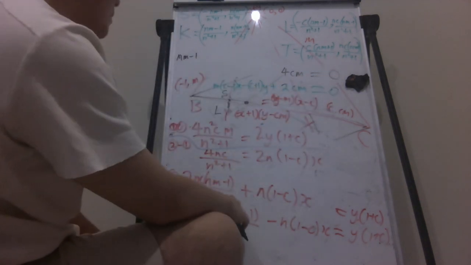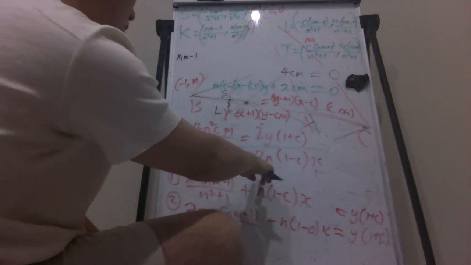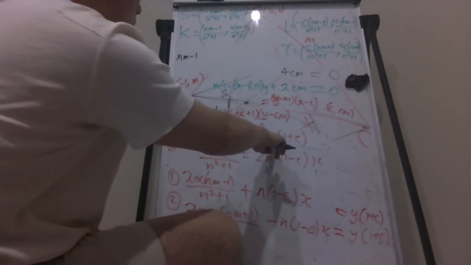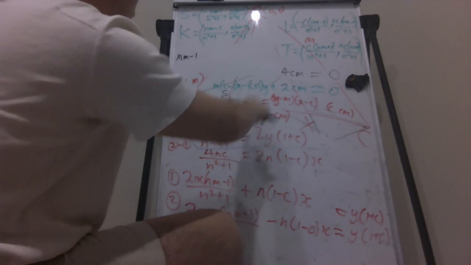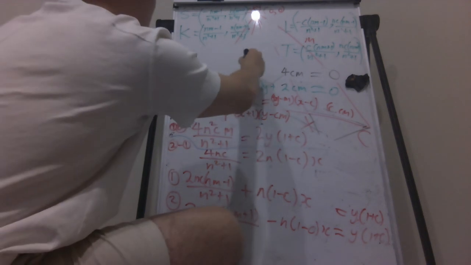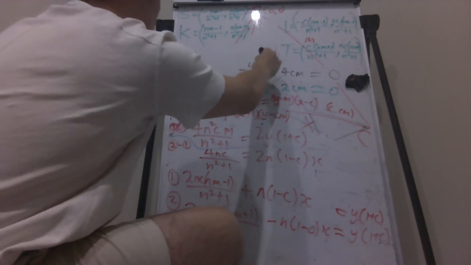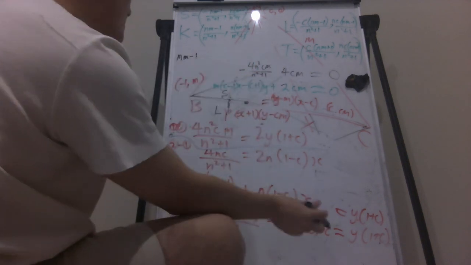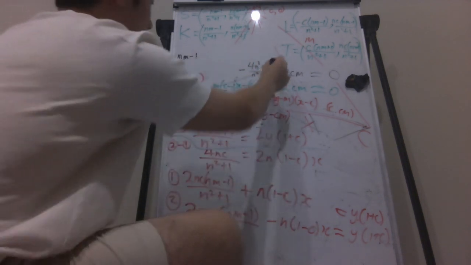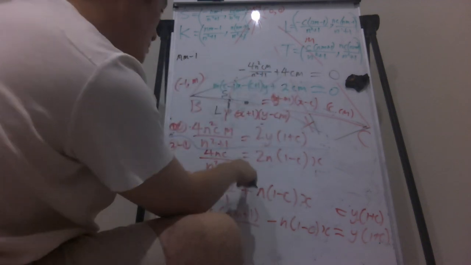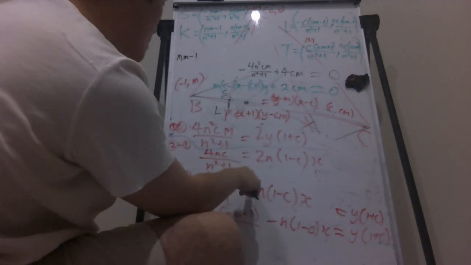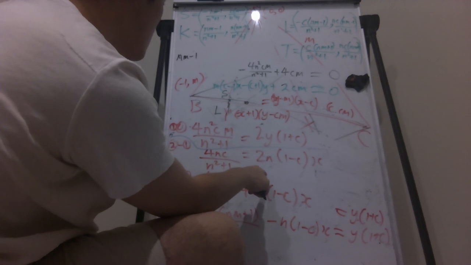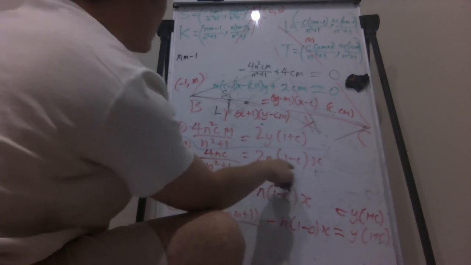And then the y becomes minus that, minus 4n squared cm on n squared plus 1. And the x becomes, oh, it's the negative of that.